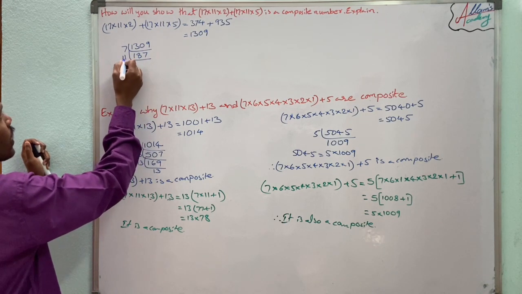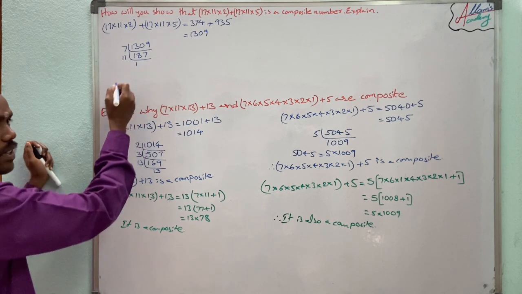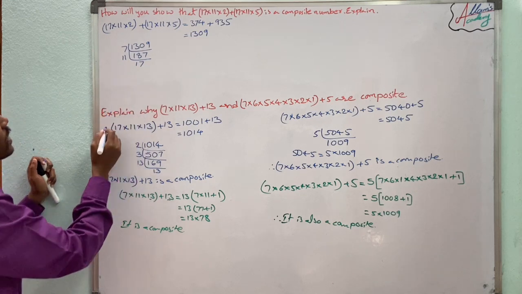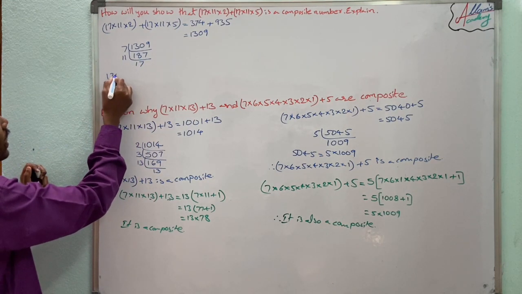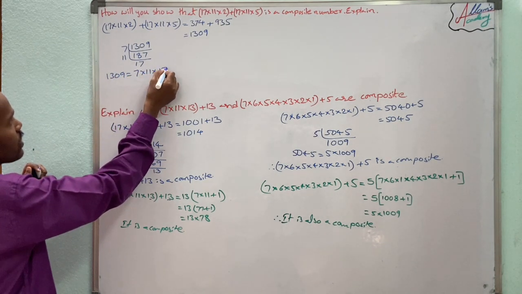Now it will go in the 11 table. 11 1s are 11. The remainder is 7, so that is 77. 11 7s are 77. So 1309 can be expressed as 7 into 11 into 17.